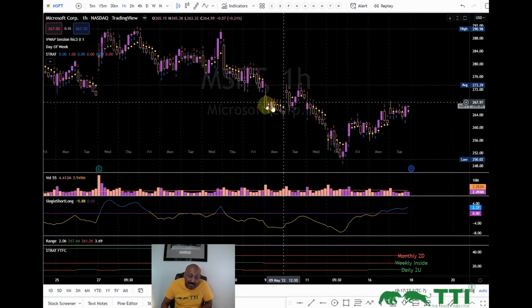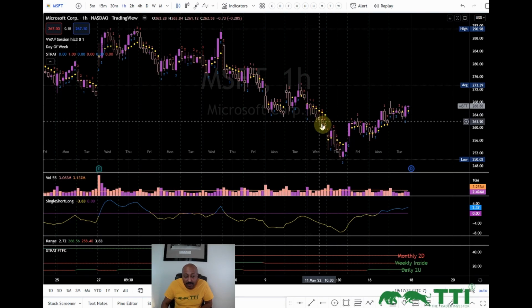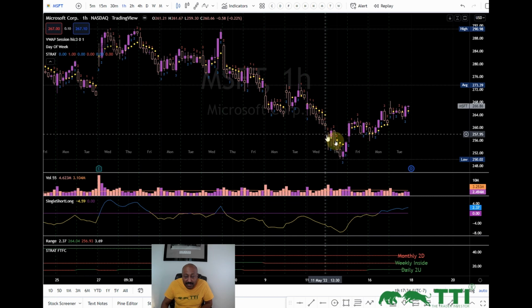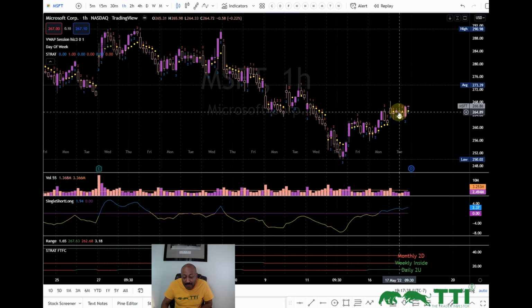Remember I said I do things differently. Hollow bars for me are a bearish bar, and the filled bar is a bullish bar. Keep this in mind, because when you look at other charts, don't get confused. Don't say, hey, you're showing a bullish bar, but I'm seeing a bearish bar.